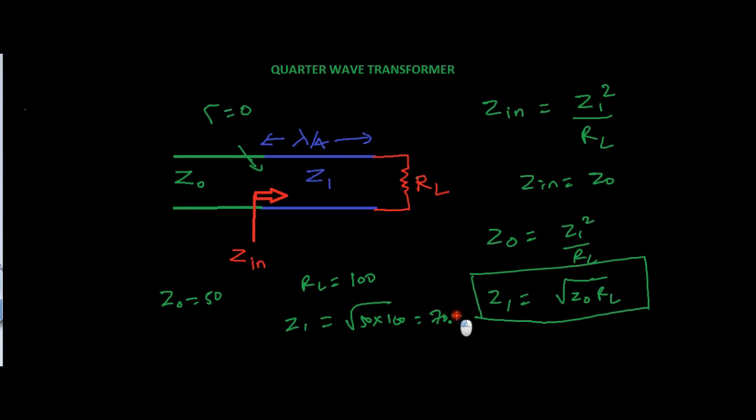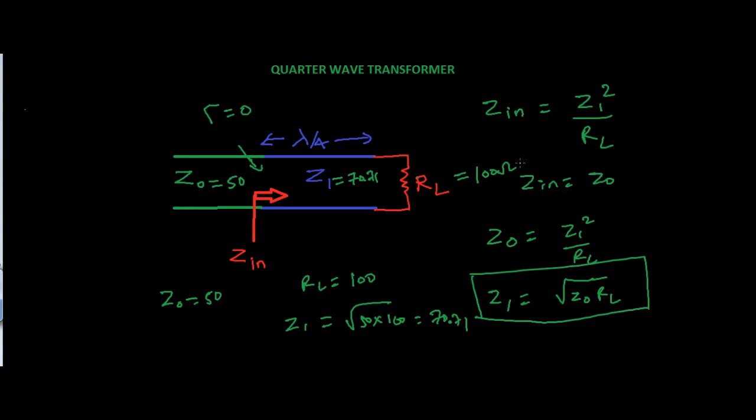This will be 70.71. So by introducing a transmission line having characteristic impedance 70.71 and length lambda by 4, it is possible to match the characteristic impedance 50 ohm with the load impedance 100 ohms. Okay, so this is the working of the quarter wave transformer.